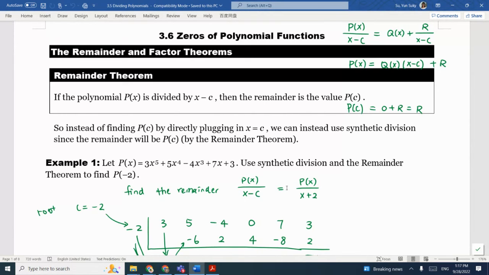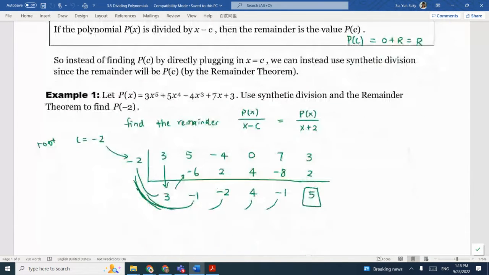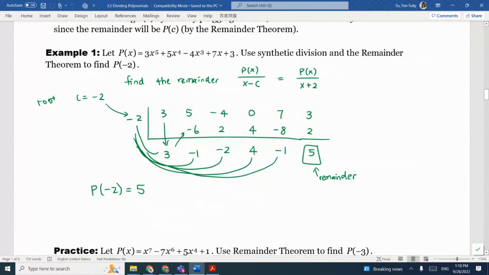Okay, but we can use our remainder theorem to help us because this corresponds to the root -2. So we want to find the remainder when we divide the polynomial by the factor x minus c, which is x plus 2. And we do synthetic division. Remember synthetic division?